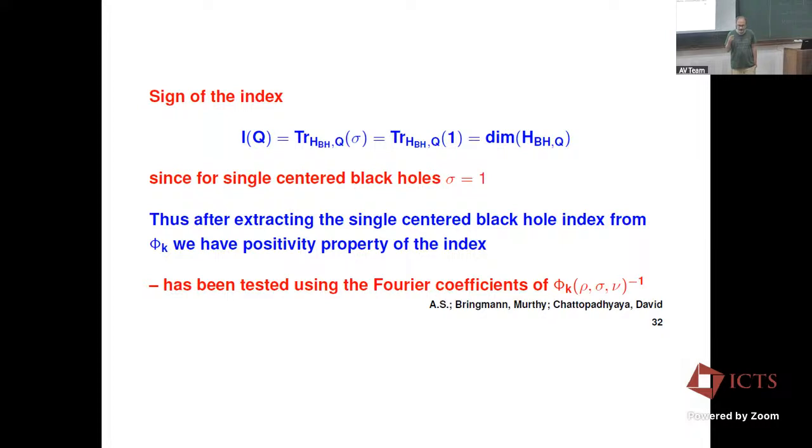I think they did it for Q1 equal to 1 and Q1 equal to 2, n equal to 1 case. For those, they showed that all the indices are positive. It can be shown to be true for the asymptotic expansion. For large charges, where the multi-centered contribution is exponentially subdominant, one can check that the index is really positive.